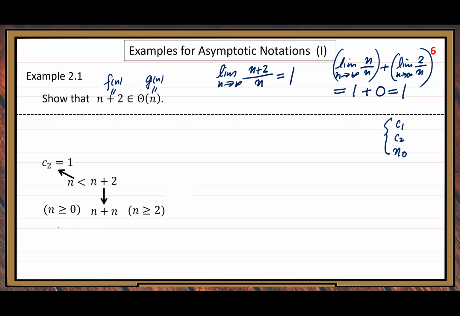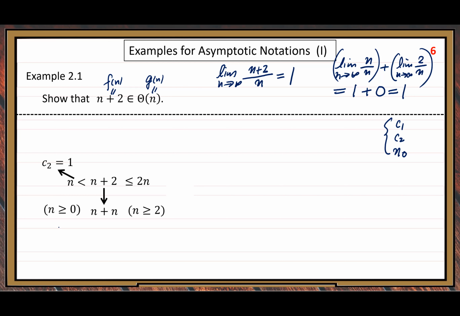Because n plus n equals 2n. But this inequality only holds when n is greater or equal to 2. So when n is greater or equal to 2, we have n plus 2 less than or equal to 2n.